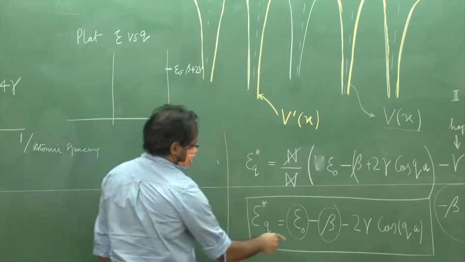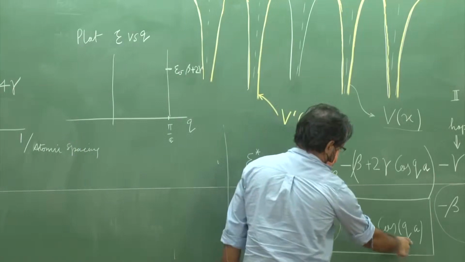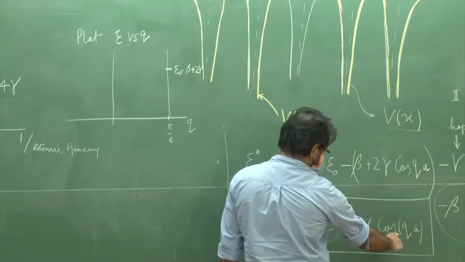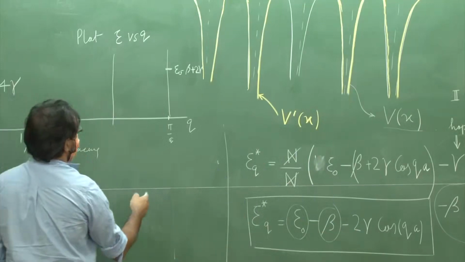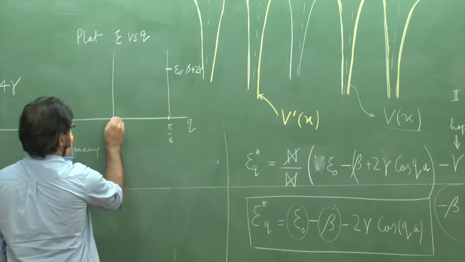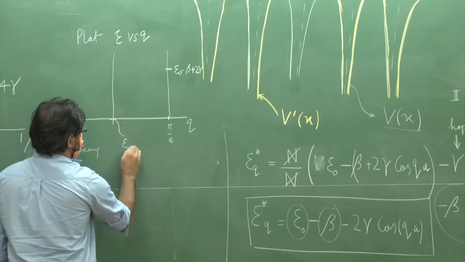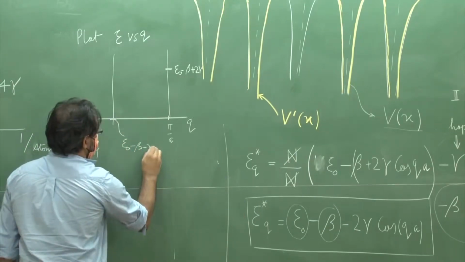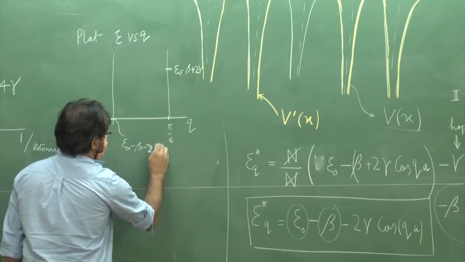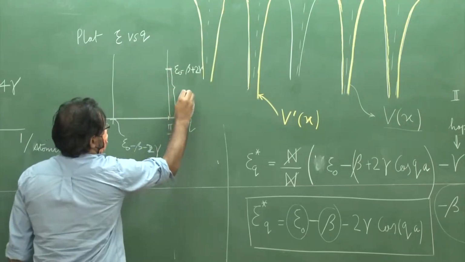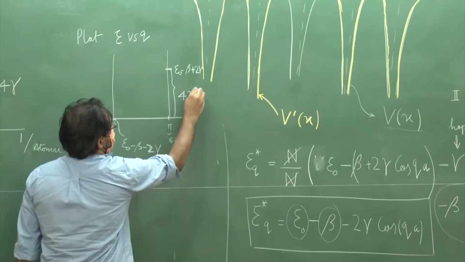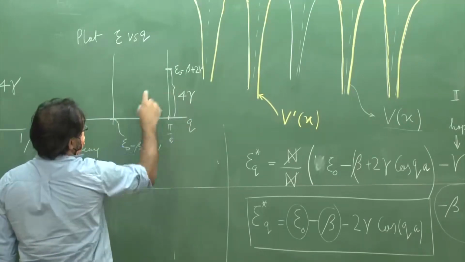And when Q is 0, then cos 0 is 1. Then it is E naught minus beta minus 2 gamma. So here the energy is E naught minus beta minus 2 gamma, and that is why the spread of the band is 4 gamma, which is the difference between the maxima and the minima.